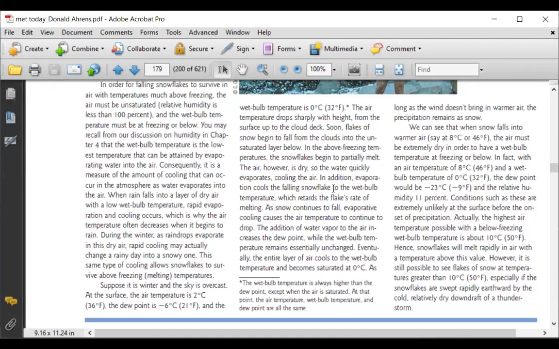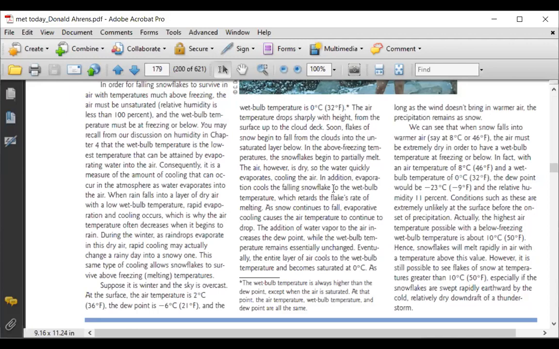So when your snowflakes started to grow and then wanted to come down, suppose you have a very high amount of heat downward, for example plus 8 degrees centigrade. Your snow should melt, but it will not melt if your wet bulb temperature is 0 degrees centigrade and your relative humidity is very low.